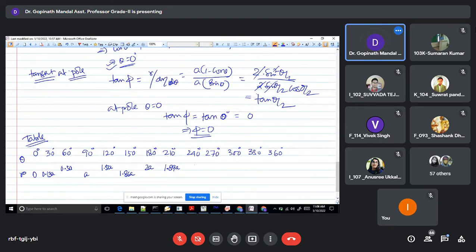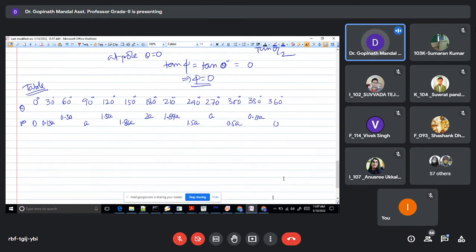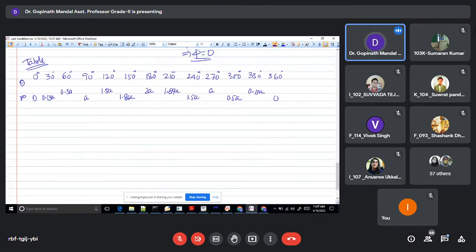Then 240 degree, 1.5a. Then 270, this will be a. 300, 0.5a. 330, 0.13a. And 360, 0. Now construct.